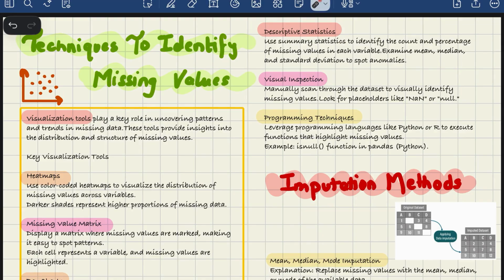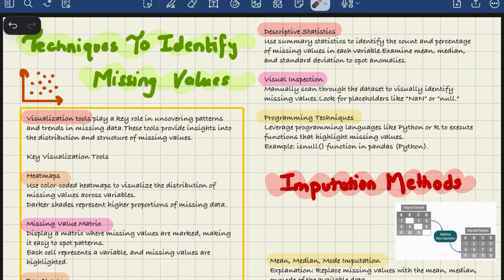So we are visually able to analyze whether data is present or not, right? Visualization tools play a key role in uncovering the patterns and trends in missing data, and they give us insight into the structure and distribution of missing values, right?